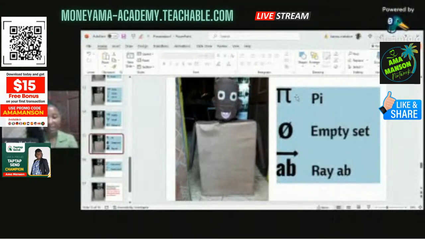The name of the letter is pi. In mathematics, this symbol is used to represent a particular quantity. And this quantity is 3.14 in terms of decimal, or 22/7 in terms of fraction. Pi represents the relationship between the circumference and the diameter of every circle.